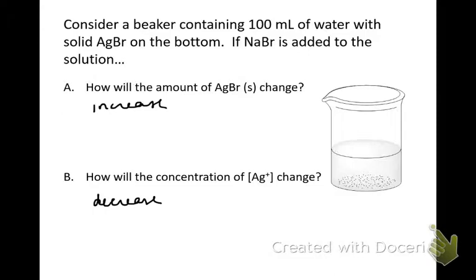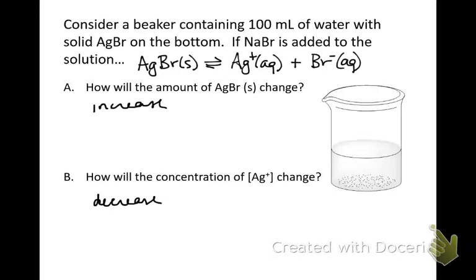So let's think about that. The KSP expression for silver bromide is AgBr solid becomes Ag+ plus bromide. And by adding sodium bromide, we're adding a common ion, an ion that is part of this KSP expression.